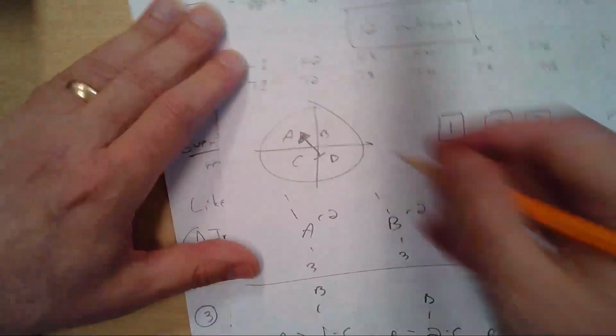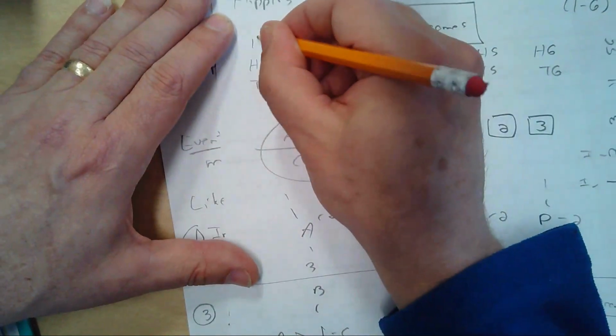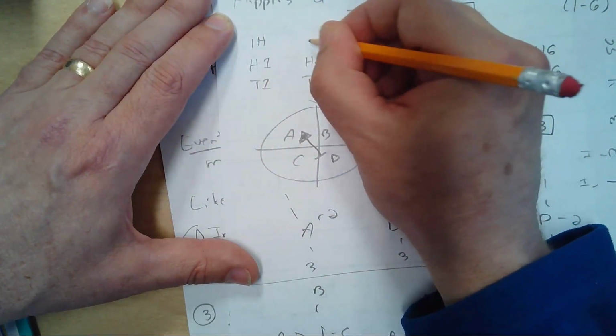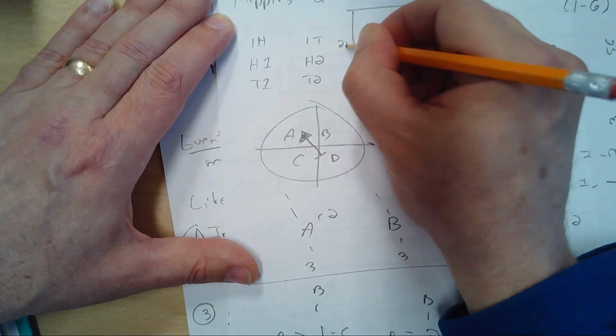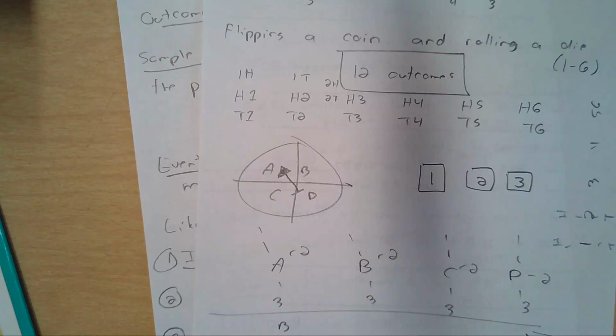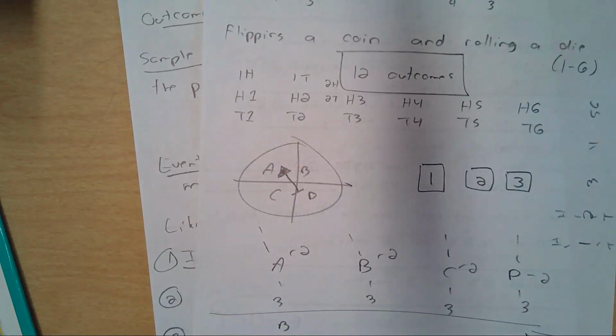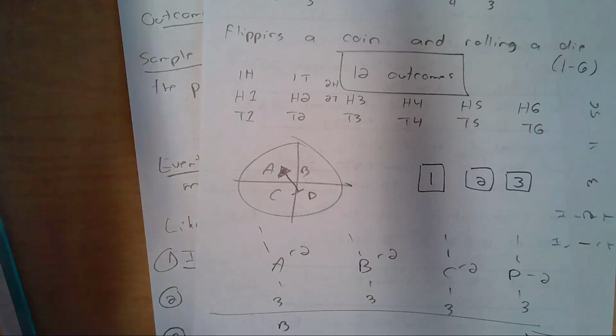Just like I wrote heads 1, I could write 1 heads, 1 tails, 2 heads, 2 tails, and so on. So the order that I represent this doesn't matter because one event has nothing to do with the other here. And that is true for everything in this lesson today, so you can interpret it however you wish.